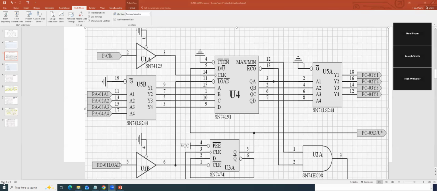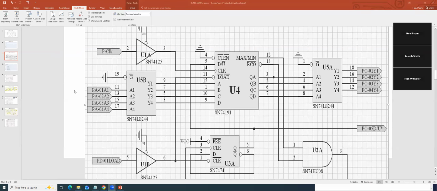Okay. And both outputs go to U2A. That's an AND gate. Normally, one output high, one output low.